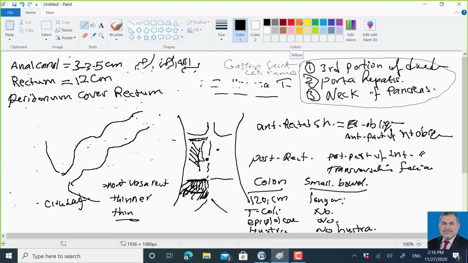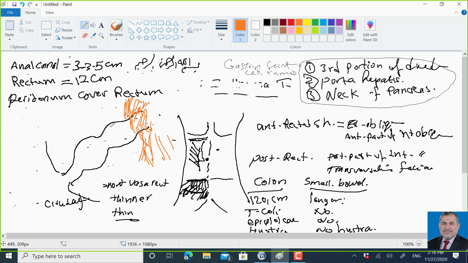Upper third is totally covered by peritoneum, what we call the proximal third.